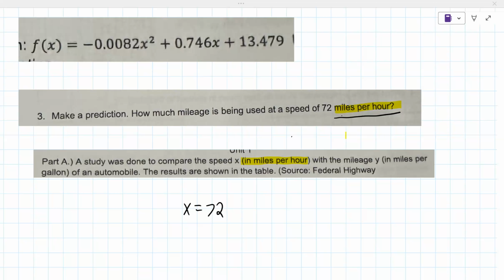Now I divide by 72. Why would you divide by 72? You're putting 72 into the value of X in each of these in this equation. Okay, I'm gonna type them in.